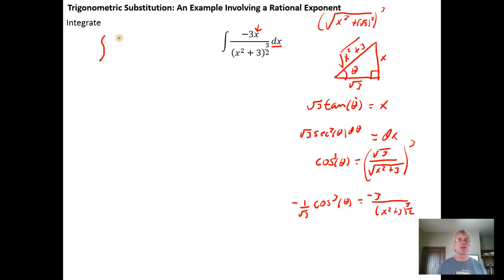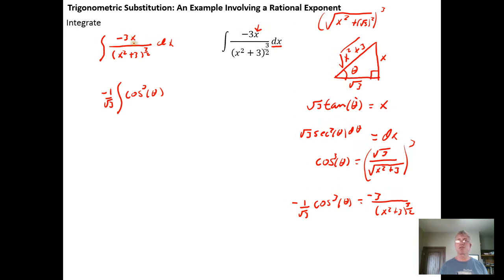So we are starting with this integral. So I rewrite the integral to the 3 halves dx. We can step into that integral and replace the negative 3 over x squared plus 3 to the 3 halves with the negative 1 over the square root of 3, which is a constant and can be factored out front. The function cosine cubed of theta goes on the inside.